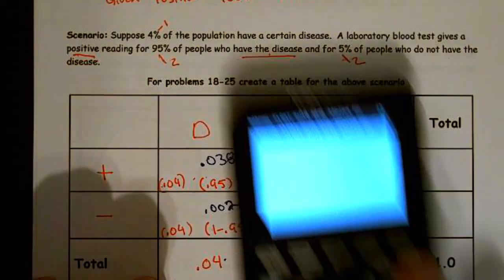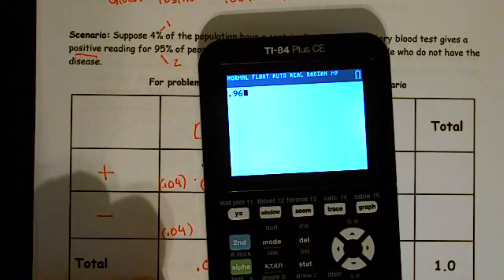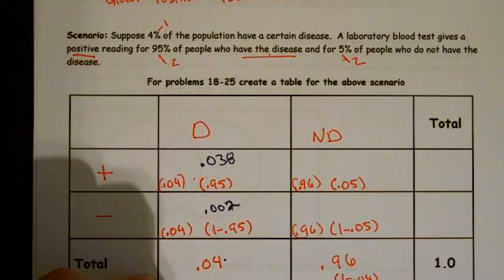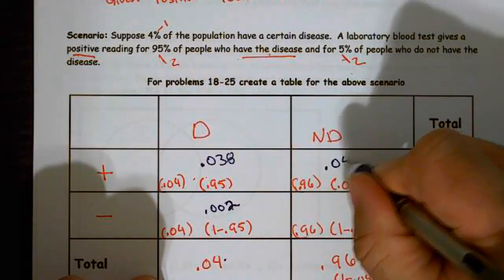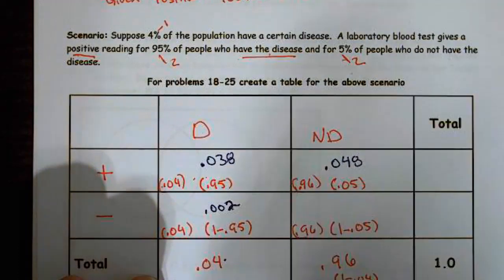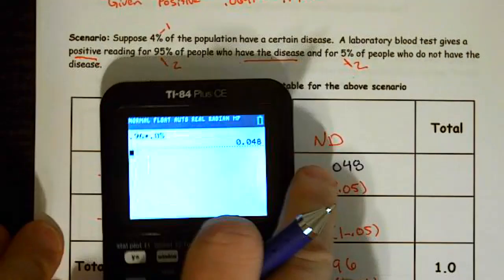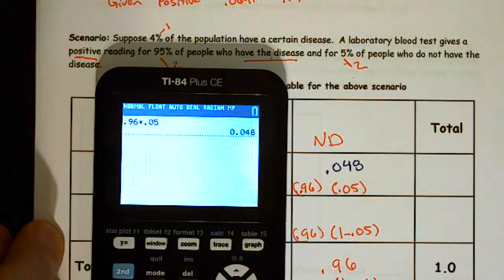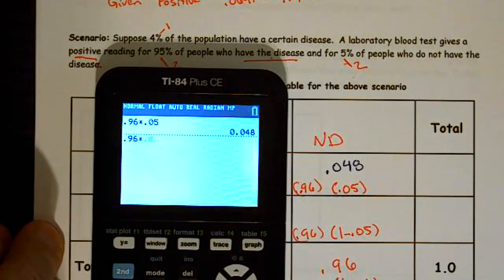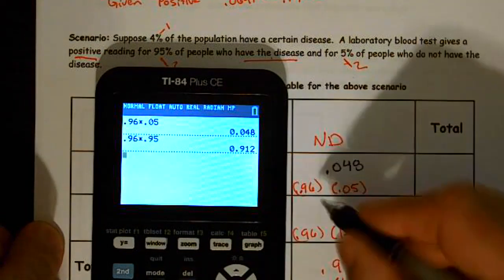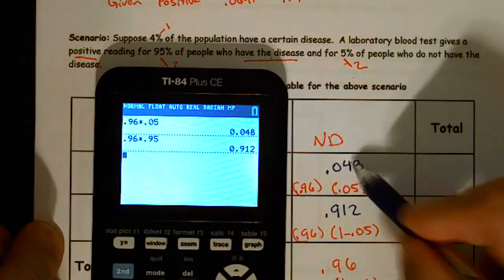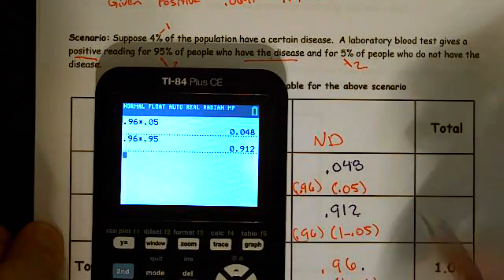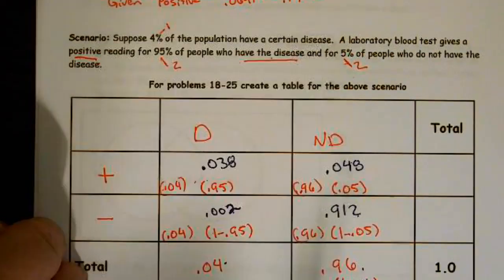So 0.96 times 0.05 is 0.048. And then 0.96 times 0.95 is 0.912. Now, once again, this plus this equals that. So I probably am doing things right.